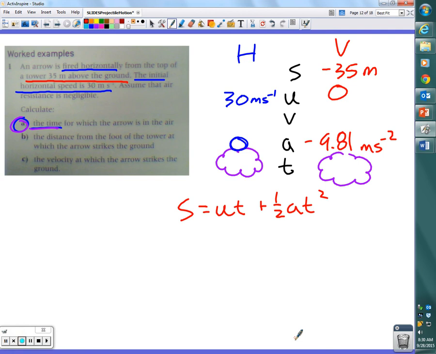But based on the information that we were given, what's the initial velocity in this problem? 0. So what happens to this term? That term just goes away. You multiply anything by 0, and we end up with 0. So we then end up with just like that. Plug it into your calculator, find out what it is.